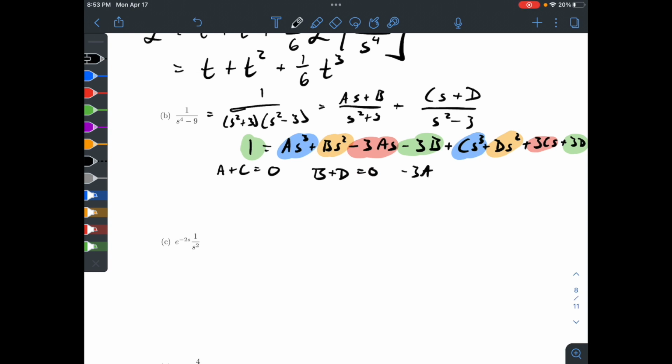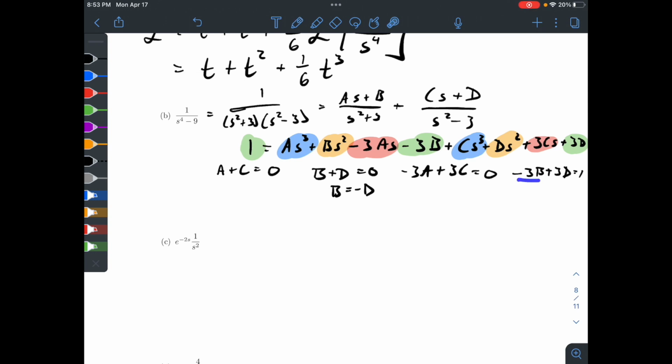Okay, this is better. Negative 3a plus 3c is equal to 0. Yep. And then negative 3b plus 3d is equal to 1. Okay, cool. So this tells us b is equal to negative d.